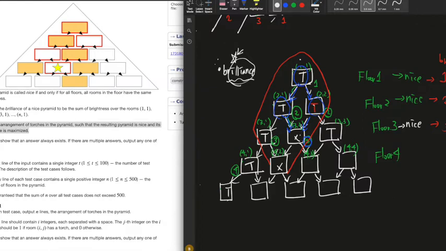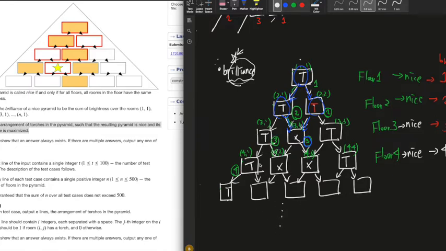Because there are already 4 T's. And we'll think about 4,3. And 4,3 also has 4 torches, so I don't need to put a torch here. And I need to put a torch for room 4,4. And it is nice, and the brightness for every room on the floor is 4. And it's all nice, and brilliance is maximized.